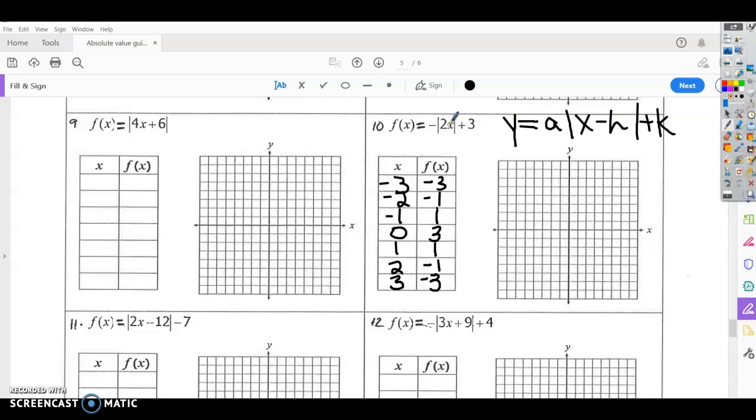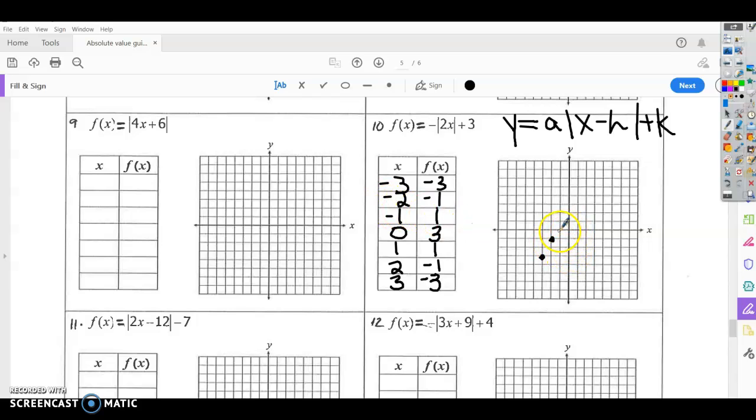All right, so let's graph these points. So negative 3, negative 3. So I'm going to go left and down. 1, 2, 3, 1, 2, 3. Negative 2, negative 1.